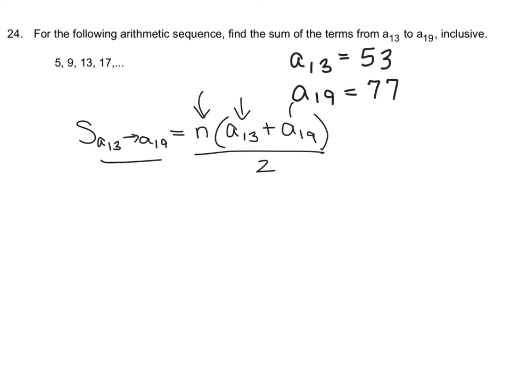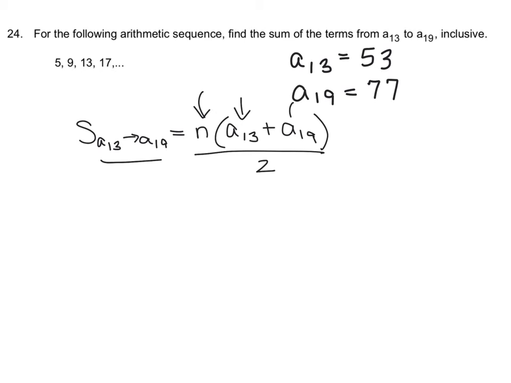So N for this scenario is going to be the numbers between and to include the 13th through 19th term. In order to see this, if we were to write this out, I would have the 13th term, the 14th term, 15th term, 16th term, 17th term, 18th term, and 19th term.